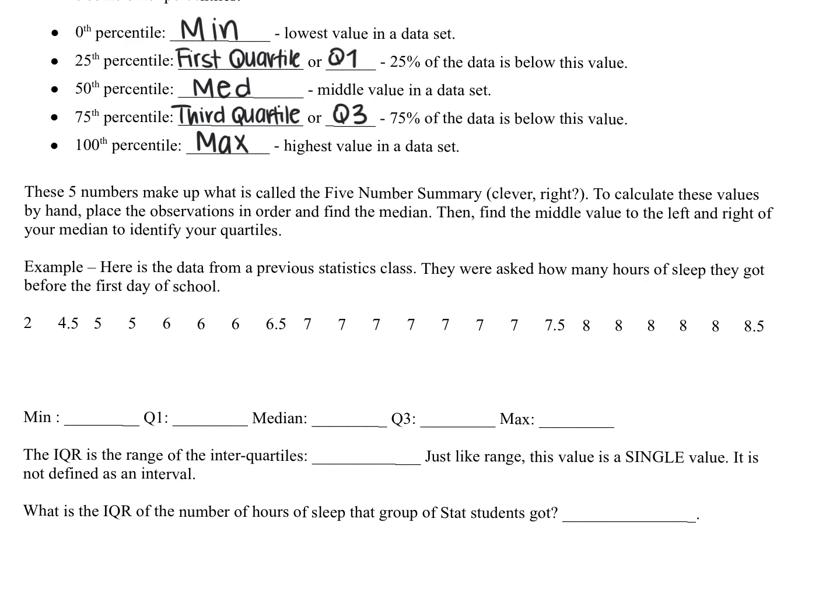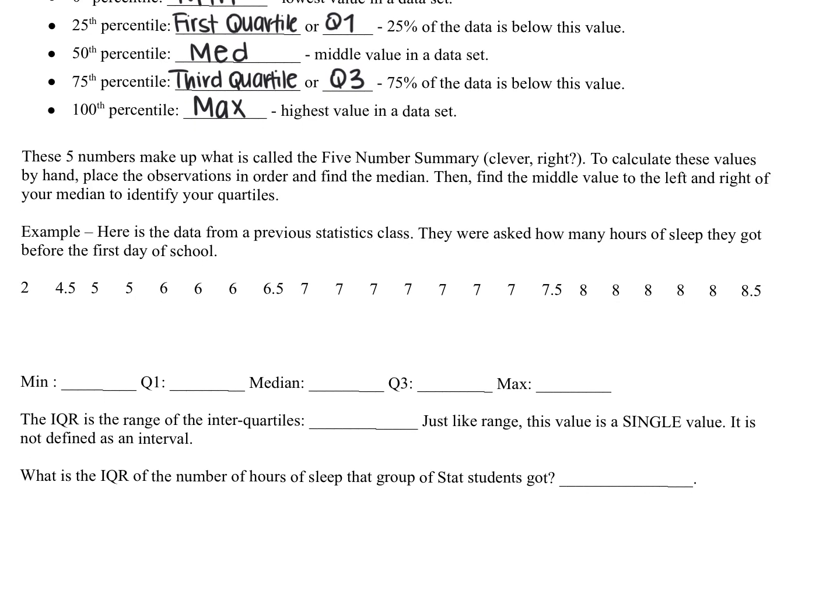So we have a set of data here for our example where previous stats class students were asked how many hours of sleep they got before the first day of school. And they range anywhere from 2 to 8.5 hours. So the easiest 2 things to identify first are your min and your max because they're already in order. 2 is my min, my max is 8.5.